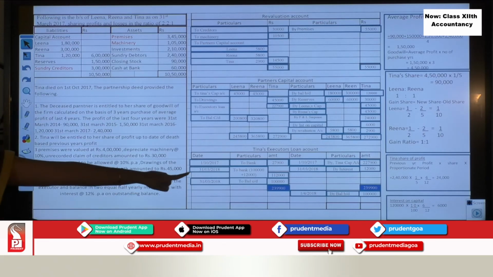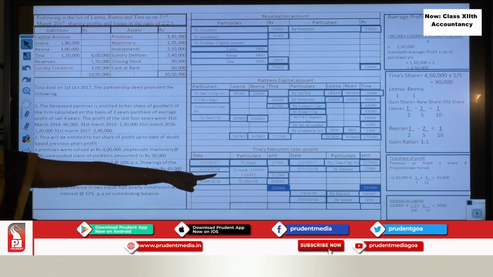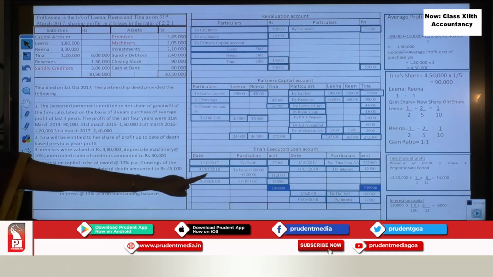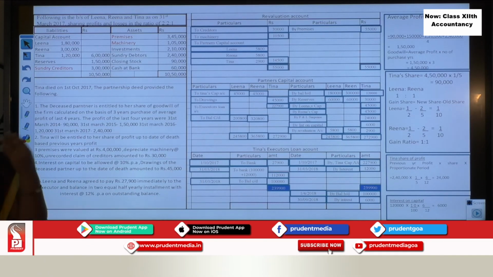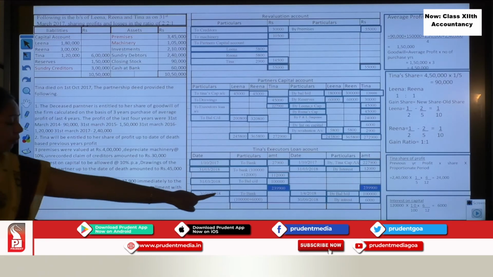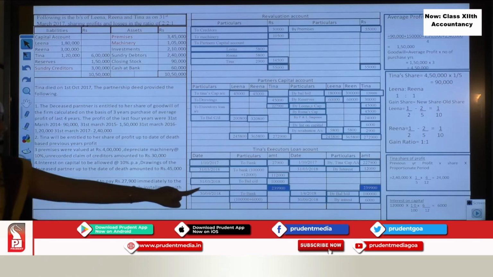What is the date? 1st April. So after 6 months, so it will be September. Okay, remember this is very important. So how we will calculate the interest? On 1 lakh, 1 lakh into 12% into 6 upon 12. It comes to 6,000. When you make the payment of installment to bank account, 1 lakh, because 2 lakh divided by 2 we have done, so it comes to 1 lakh.